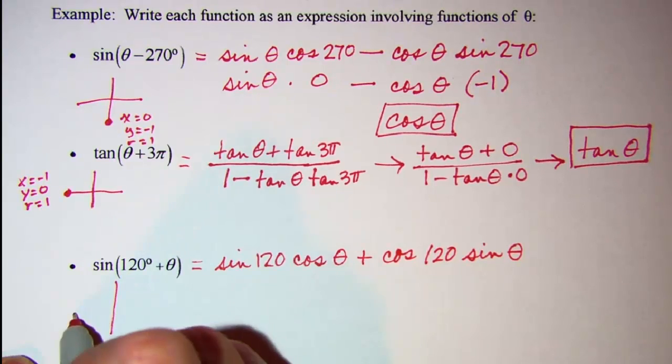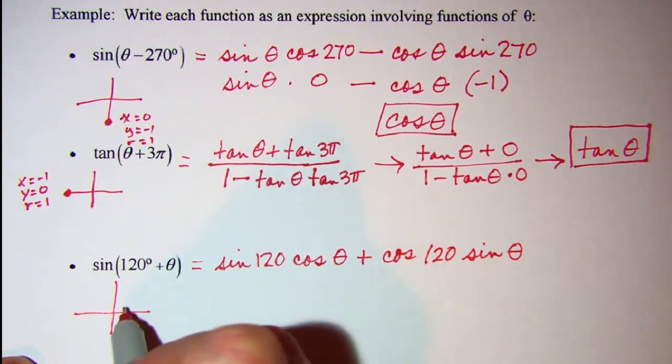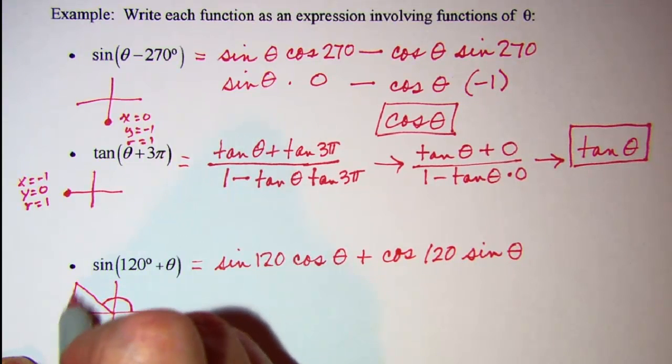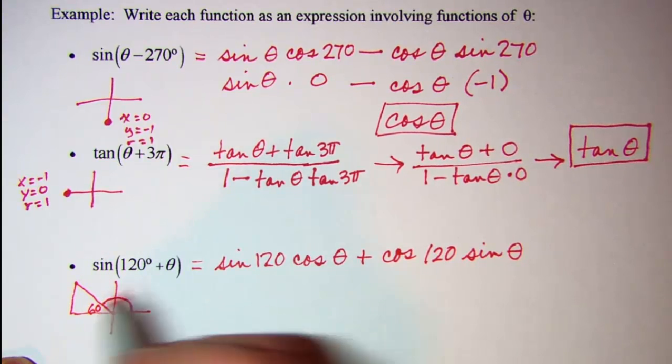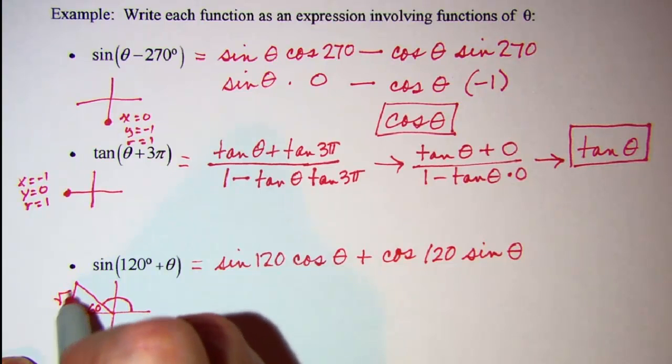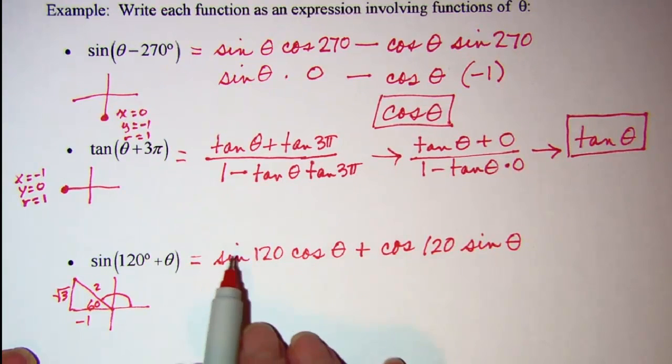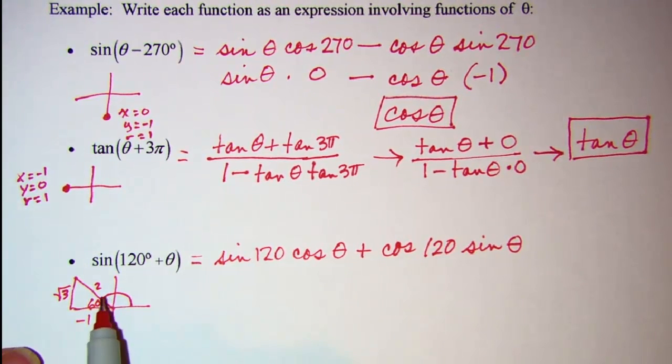120 degrees is a 60-degree reference angle, and this is a root 3, and this will be a -1 and a 2 on the hypotenuse. So the sine is defined as opposite over hypotenuse.